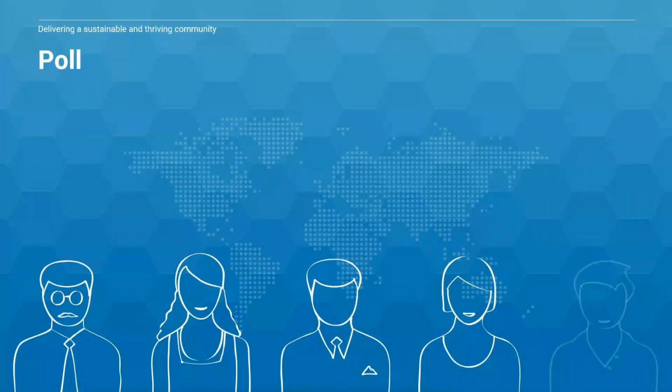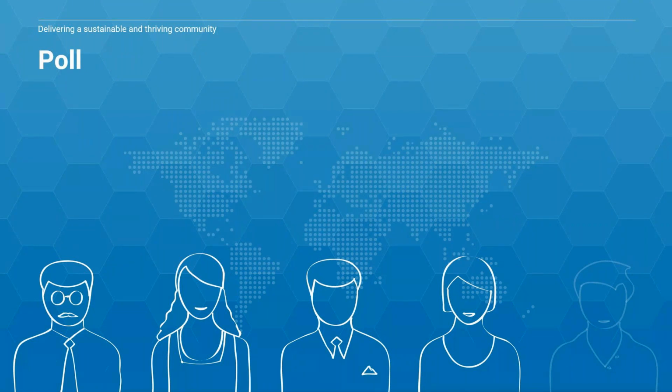It's quite good just to understand a little bit more about who is attending today by asking a couple of poll questions. So I'm just going to launch the poll here. So the first question is, are you currently using GIS to support sustainability initiatives at your organization? So this can be using GIS in any way to support sustainability in particular.